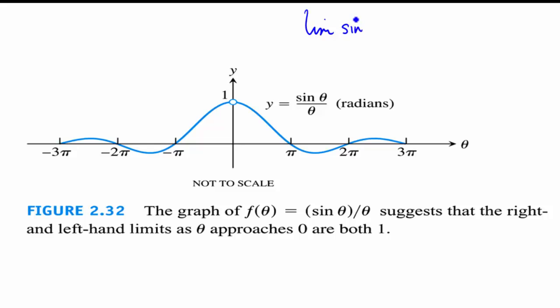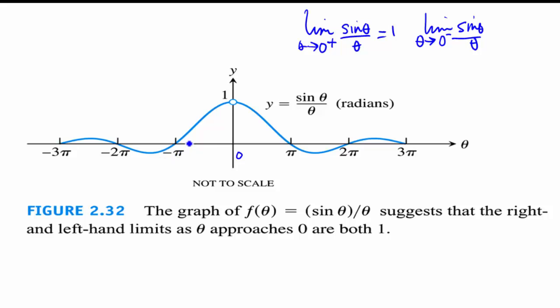The limit of sine of theta over theta as theta approaches 0 coming from the right. Let's see, here are my thetas, the angles, in radian mode. They approach 0 coming from the right. The y values approach 1. Now let's look at the limit of sine of theta over theta as theta gets closer to 0 from the left side.